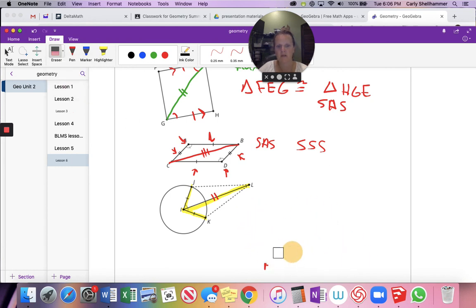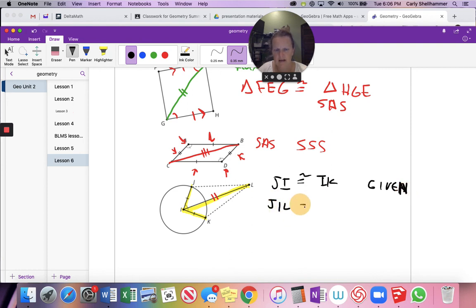Sometimes when you're just learning proofs, it helps a lot to put them in the order they should be. So if I did JI is congruent to IK because it's given, and then angle JIL is congruent to KIL because it's given.